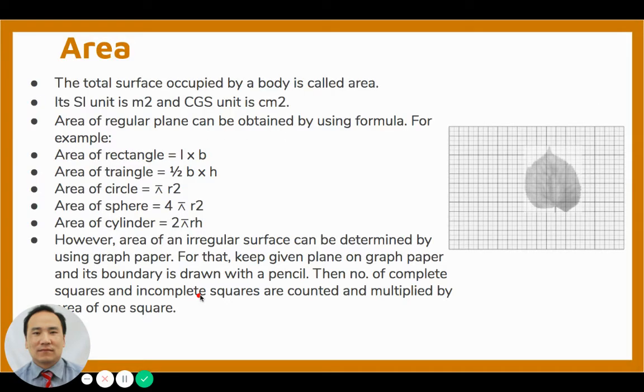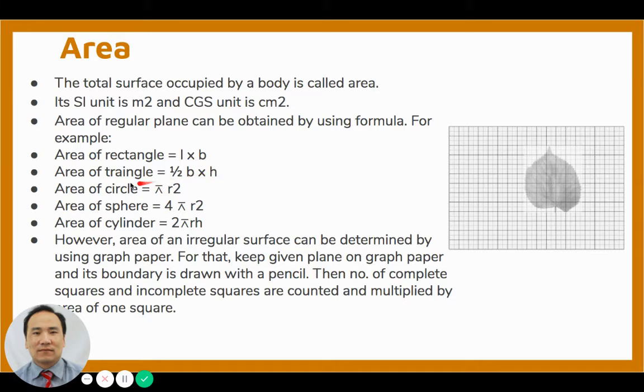Area. The surface occupied by any object is called area, and its SI unit is square meter and CGS unit is square centimeter. The area of a regular plane can be obtained by using formulas. For the area of a rectangle, the formula is length into breadth. For the area of a triangle, half base into height.